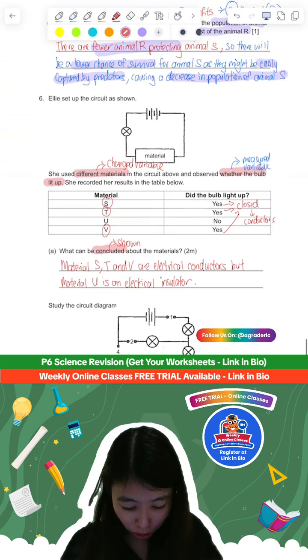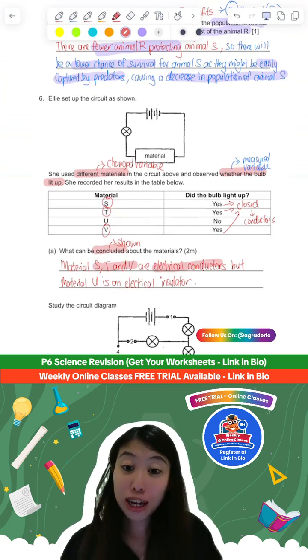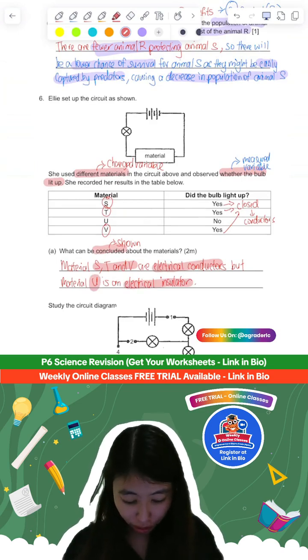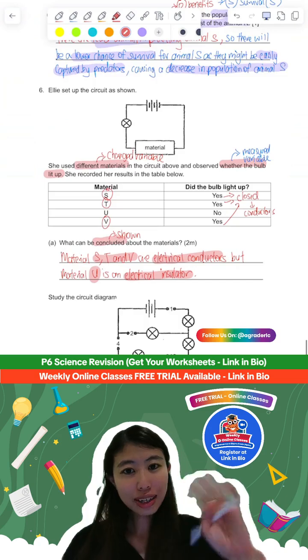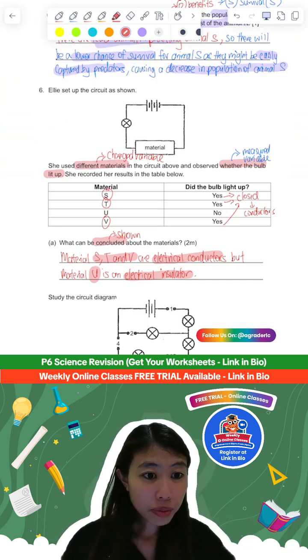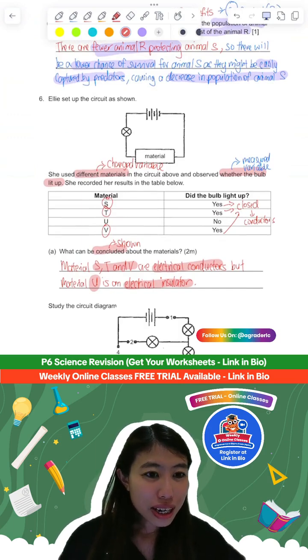So this one mentioned electrical conductors. You must be specific and identify the materials. And then U is the electrical insulator. I'm going to move on. Last one. Does anyone have any other questions? Very good.